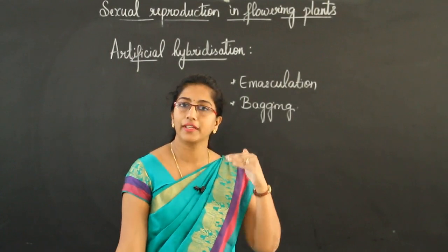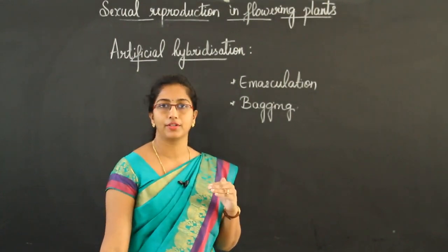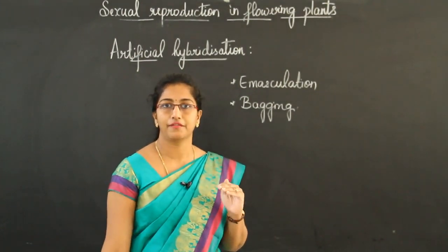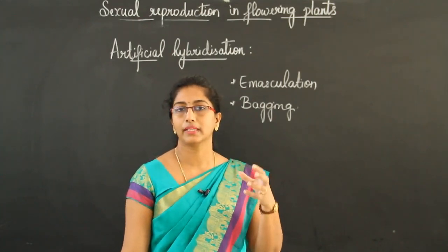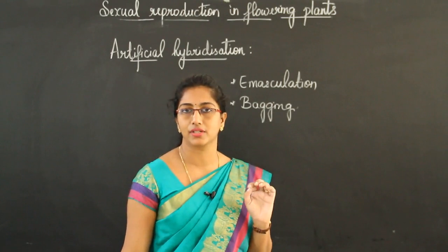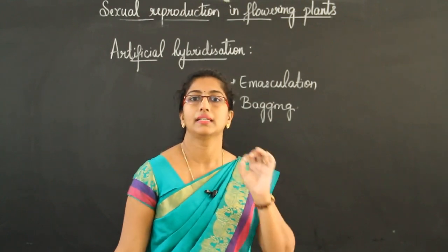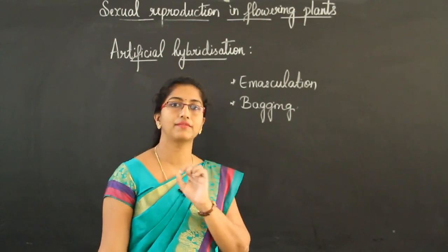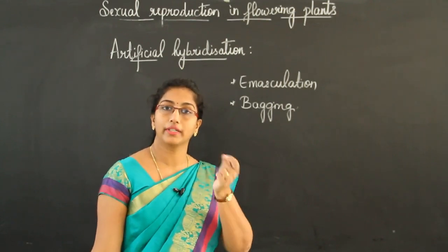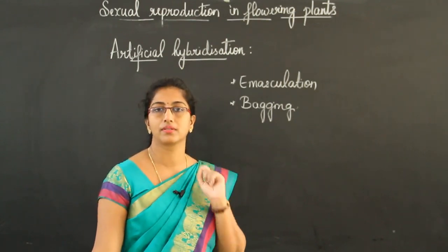Even though the female plant produces a bisexual flower, as the plant grows and the flower is still in the bud condition, the anthers have to be removed before they mature, that is before they produce pollen grains.